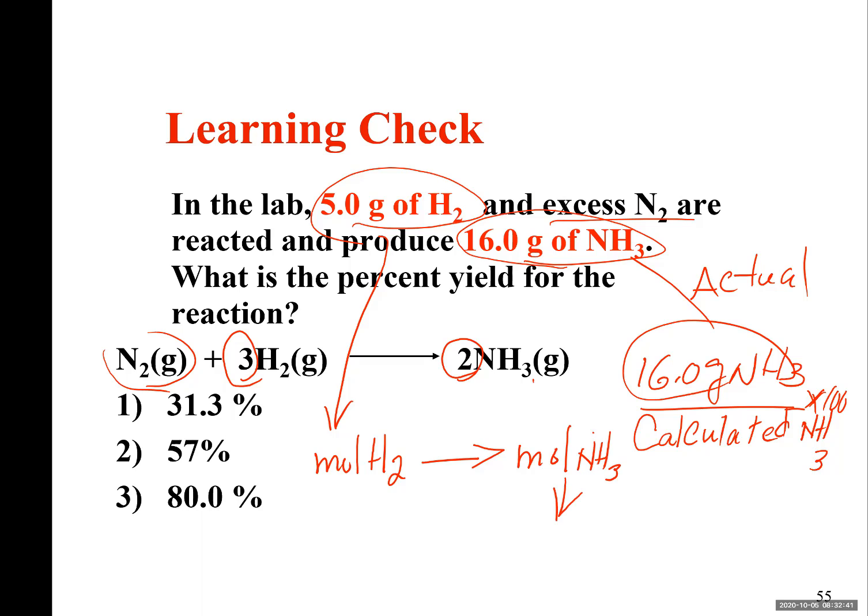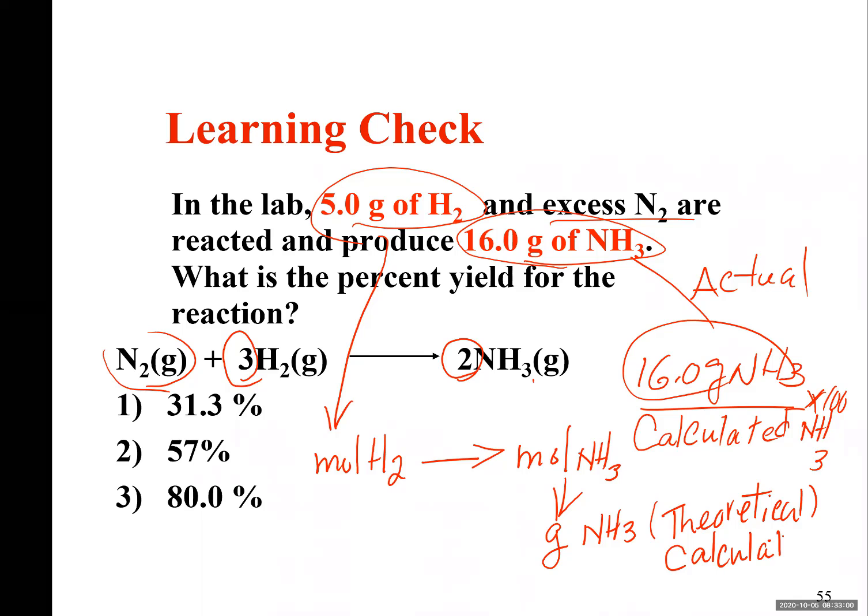And then once I have moles of NH3, I'll have grams of NH3. And this would be theoretical, which means it's the calculated amount. It's based on calculation. And this grams of NH3 based on calculation goes on the bottom. I have the actual 16 grams on top, and then I can calculate the percent yield.